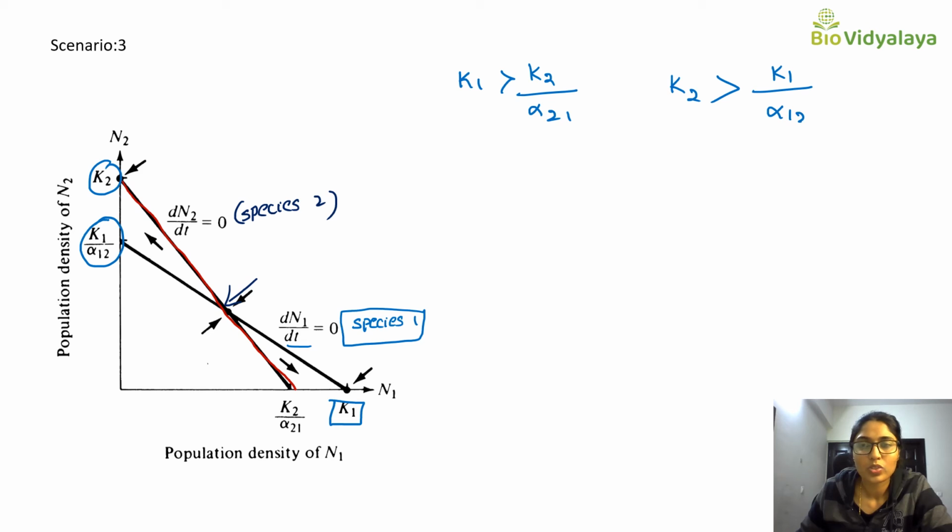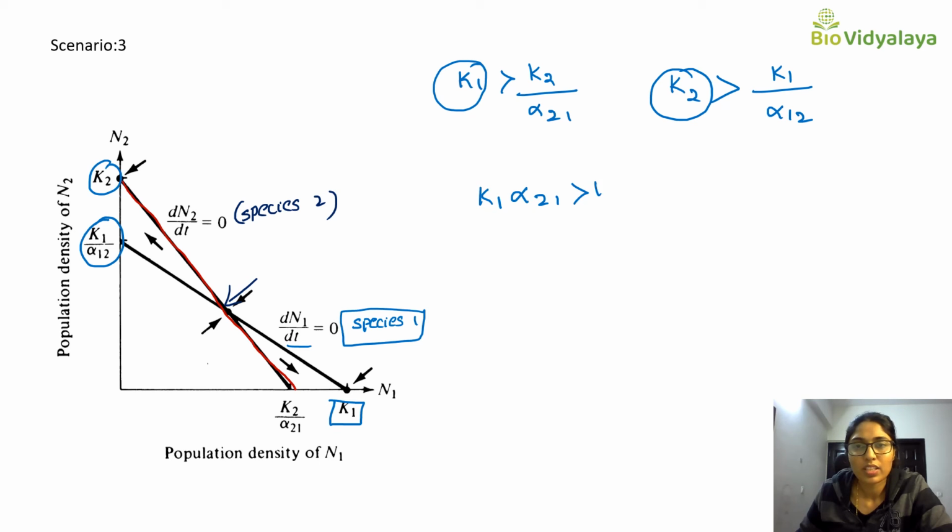So both the species have strong or greater carrying capacity. We can rearrange this: K1 alpha 21 is greater than K2 and K2 alpha 12 is greater than K1.